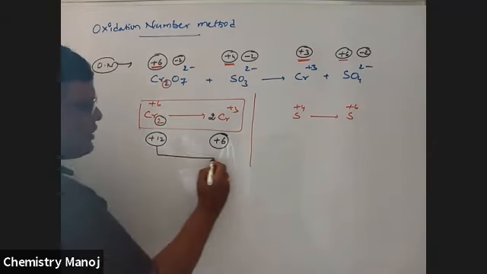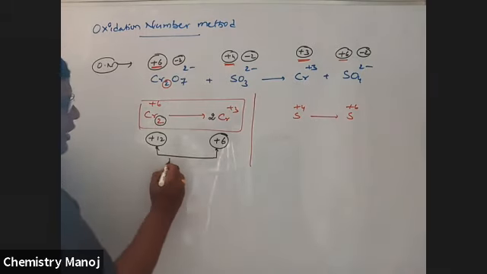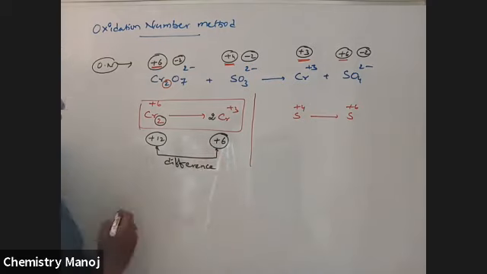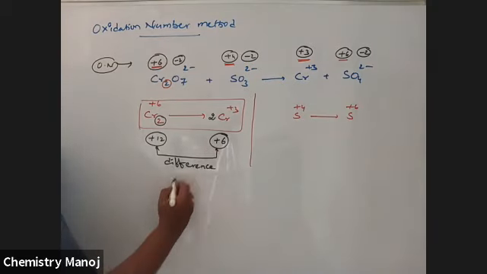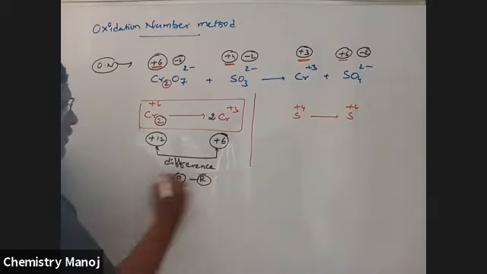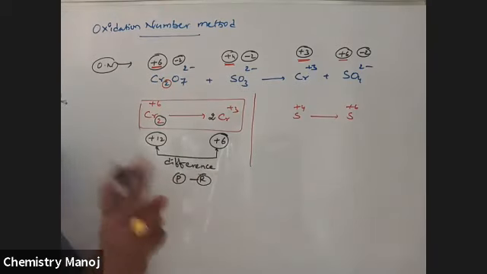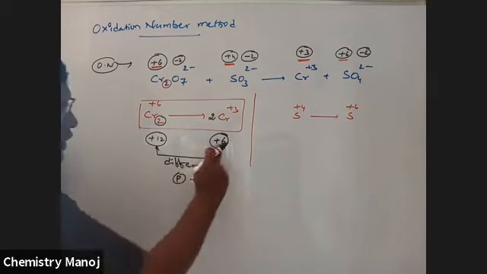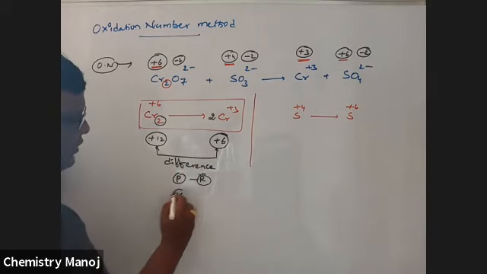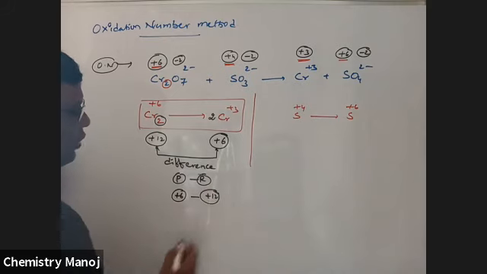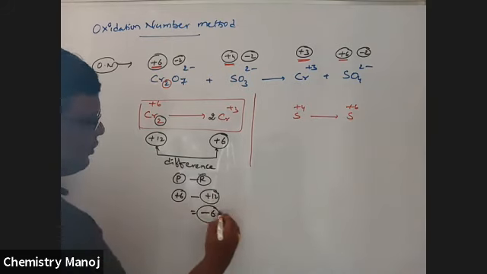Now, what is the difference of these two charges? Calculate the difference of charges. That means product value minus reactant value. Be careful. Product value is how much? +6. Reactant value? +12. So it is a -6 value, not +6.